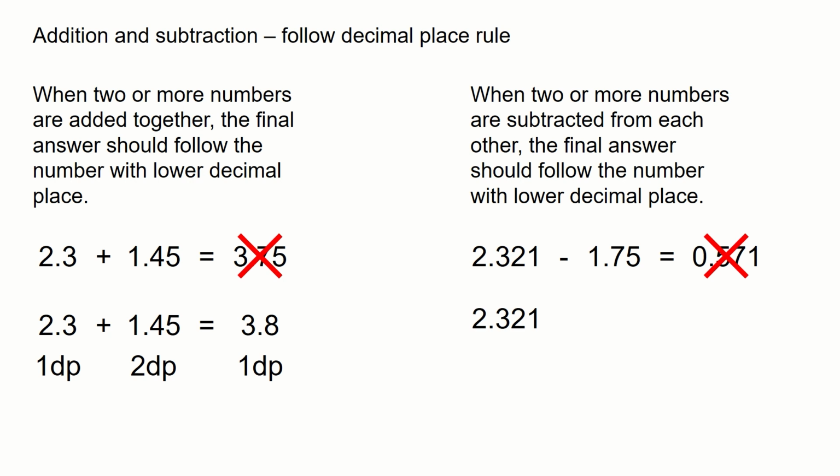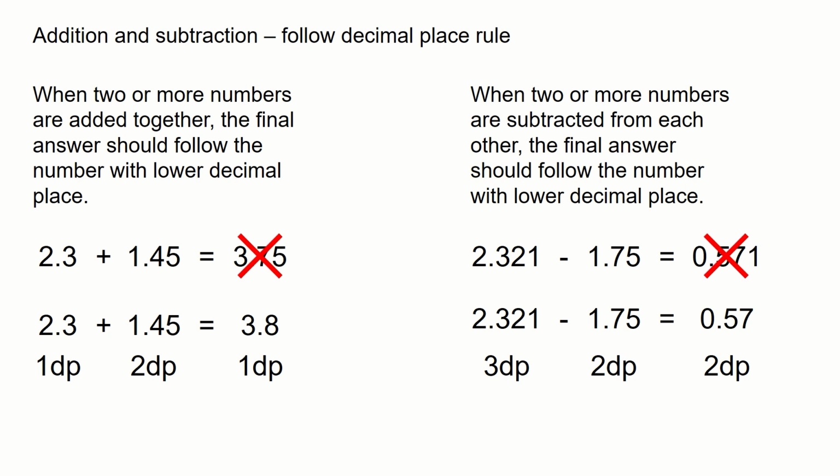Instead, for 2.321 minus 1.75, your answer should follow the lower decimal place, which is 0.57. 2.321 has three decimal places, 1.75 has two decimal places, and therefore your final answer should have two decimal places.